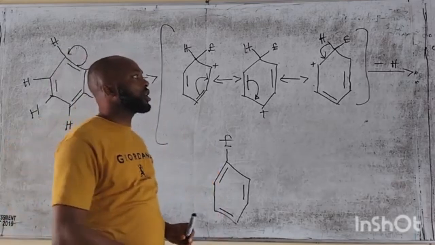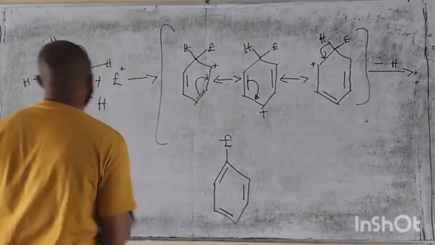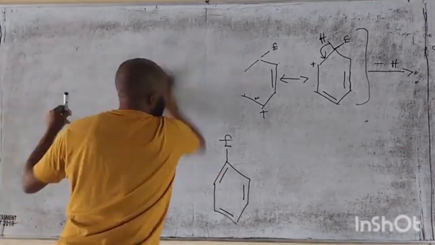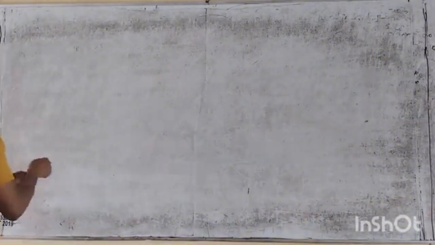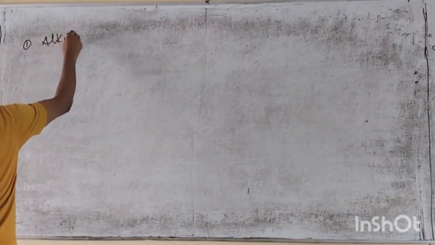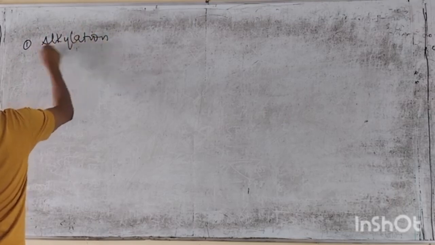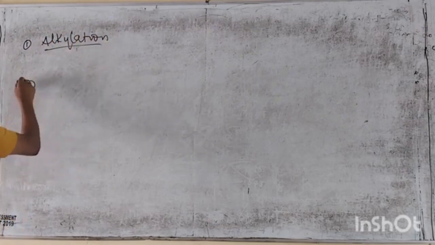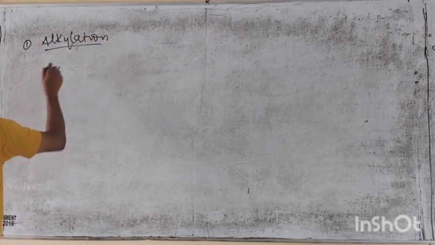So we should start with alkylation reactions. So let me take this out now. So in alkylation, let's call it one. This is my benzene on it.